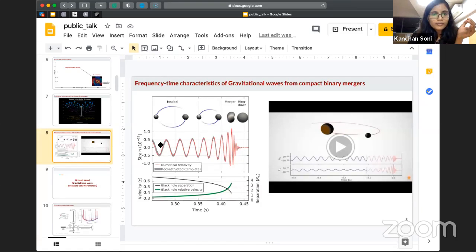The waveforms will differ for different masses, different spins, and different source locations. So yes, we can say that our waveform will differ for gravitational wave sources from binary black holes and binary neutron stars in this way.